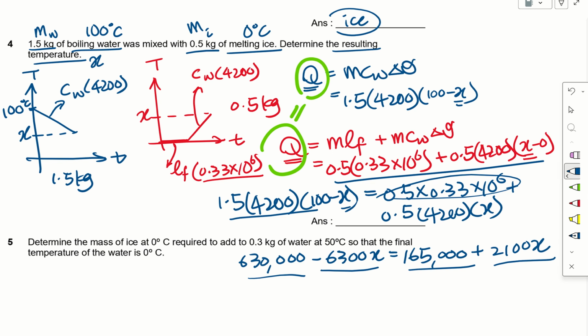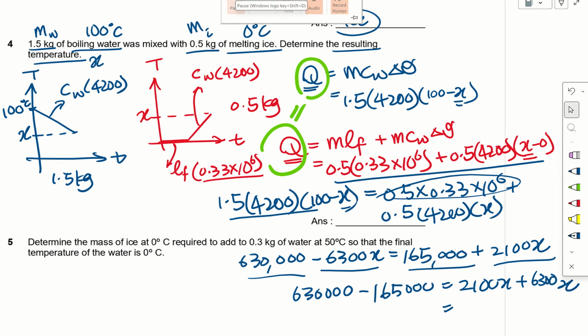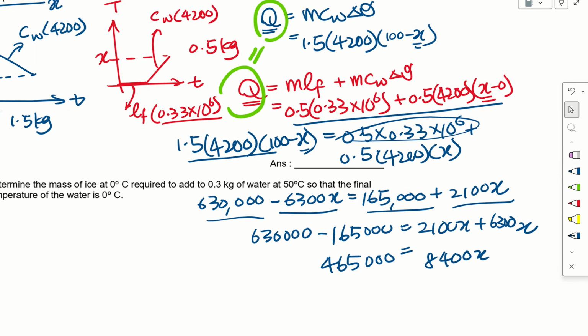Now I shift all the numbers to one side, so I'll get 630000 minus 165000 equals 2100x plus 6300x. Solving this, I'll get x to be 55.4 degrees Celsius.